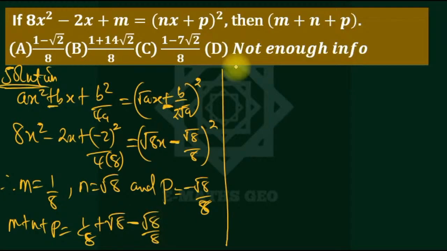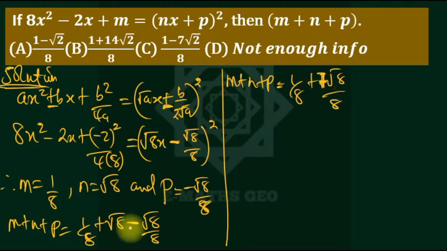And this is now 1 over 8 plus 7 root 8 over 8. Yes, root 8 minus root 8 over 8 is 7 root 8 over 8. So this is now 1 plus 7 root 8 over 8.